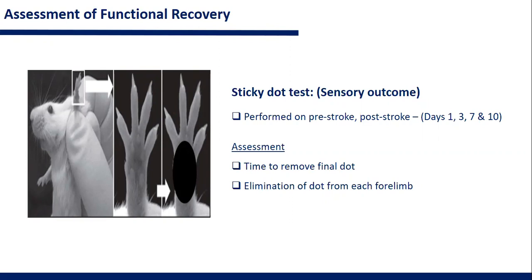The sticky dot test assesses the sensorimotor function, and the time to remove the small adhesive patch, which is a 1 centimeter square dot, from both forepaws within 120 seconds was recorded and evaluated later. This test was applied before and after stroke at certain points, and the outcomes before and after stroke were compared.